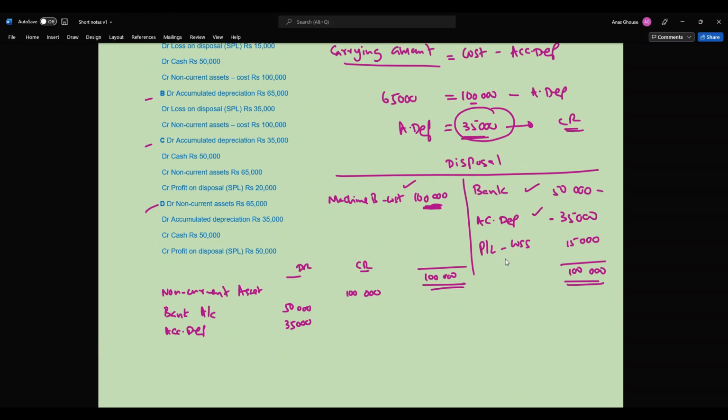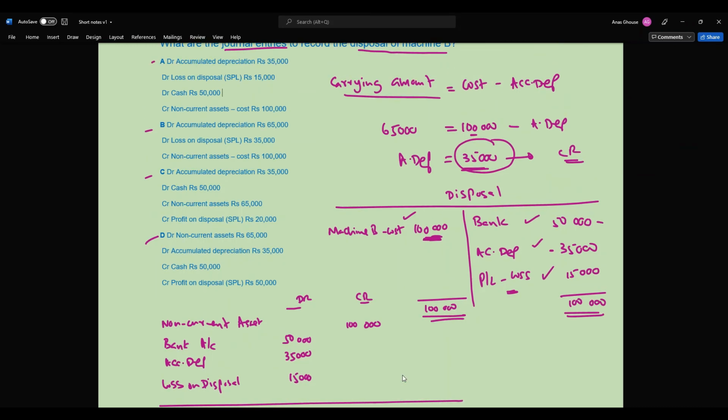Then the profit or loss. Where do you record this? In the P&L account. So the loss on disposal should be debited to the profit and loss account and credited to the disposal account. So the correct answer should be this. What is the exactly matching answer?